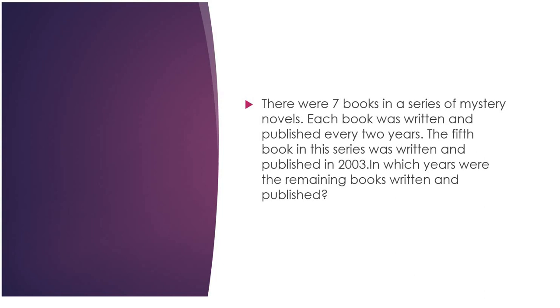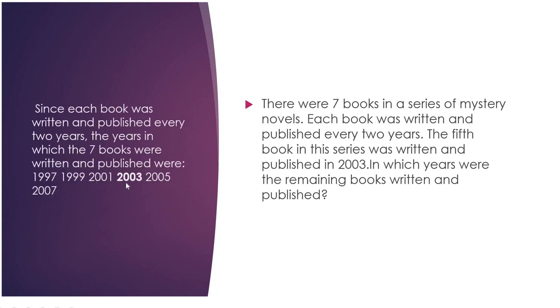So we wrote 2003 as the 5th number in our sequence. What is the relationship? 2 years. So 2003 is the 5th one, 2005 the 6th one, 2007 the 7th one, right? And we have 7 books.